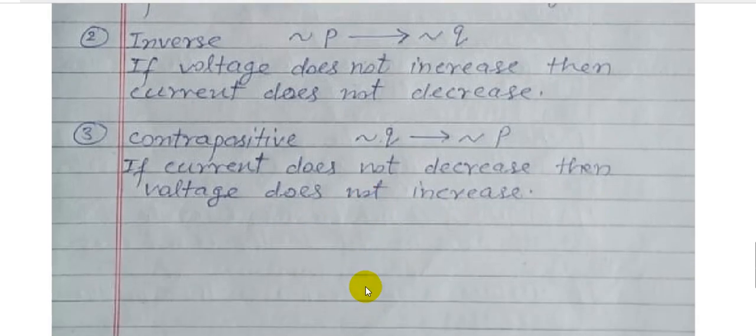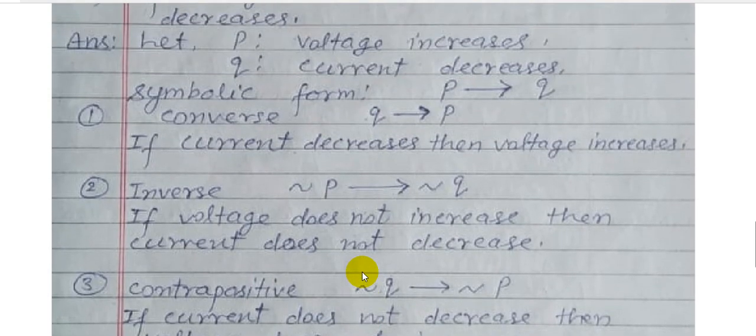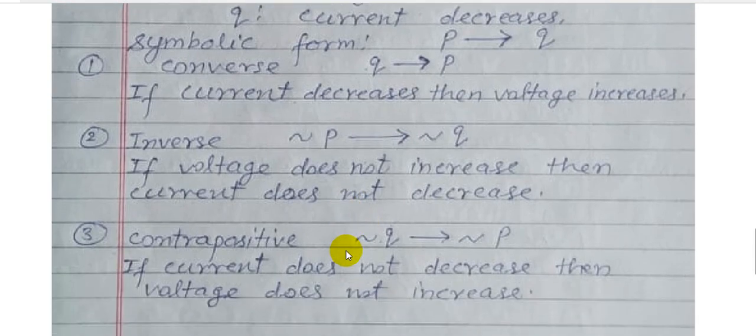So there are only four questions in question number 4, but these four questions are very important, or you can say most important for any competitive exam or any board exam. And one more thing, this is the simple statement. Simple form means directly you have to write converse, inverse, and contrapositive.